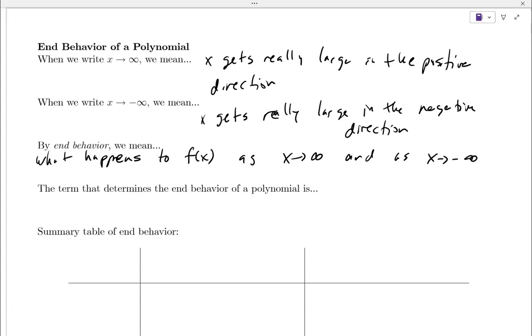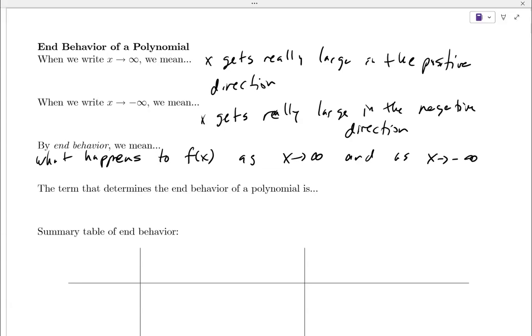Again, if we have positive x squared or negative x squared, both ends point the same direction, both up or both down. When you have x cubed, one points up, one points down. X to the 4th, they both point the same direction. X to the 5th, one goes up, one goes down. So even or odd is going to tell us how it works.